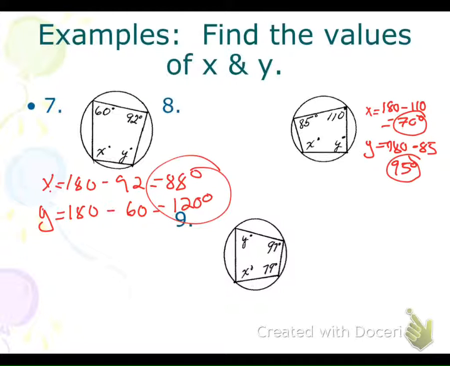And last but not least, we have x, which is 180 minus 97, which is? 83 degrees. And we have y, which is 180 minus 79, which is? It's not going to be 99. It's 101. 101 degrees.